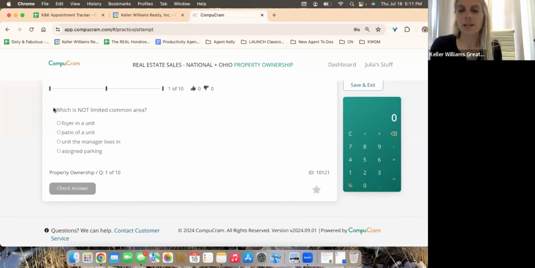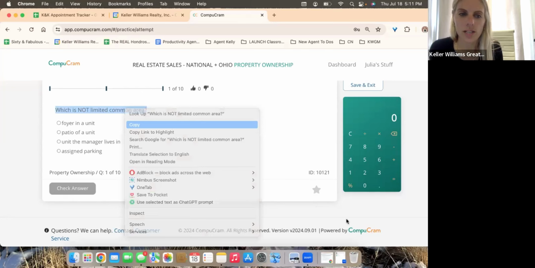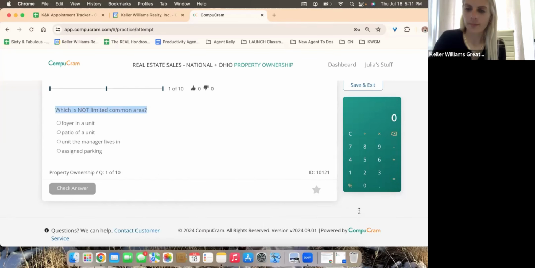Which is not limited common area? Is that A, foyer in a unit, B, patio of a unit, C, unit the manager lives in, or D, assigned parking? So which is not limited common area?